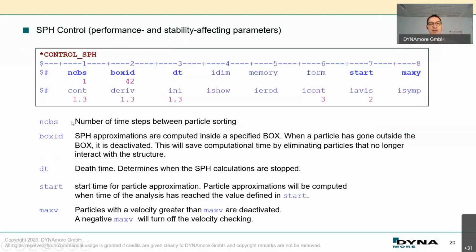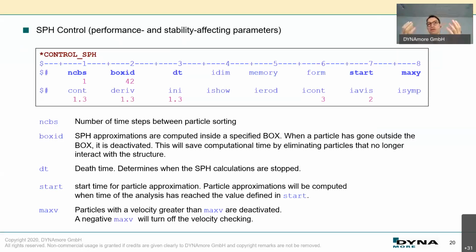The first one is the number of time steps between particle sorting. This has something to do with contact treatment, and also performance regarding MPP, for instance. Another important one is the box ID here. In an SPH computation you have particles. If you have an impact, then you have particles scattering everywhere, right?